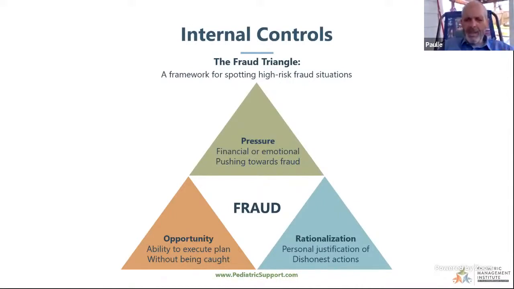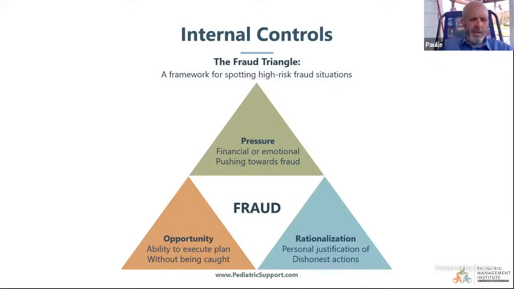Now, if you own your own practice and you're writing your own checks and you're doing your own thing, that works great. There's really not that big a deal in terms of someone stealing money from yourself. But whenever you have other people cutting checks or other people helping you in this process, we need to be concerned about internal controls. If you ask accountants what their thoughts are on internal controls, 99% of them will probably reference what's called the fraud triangle.